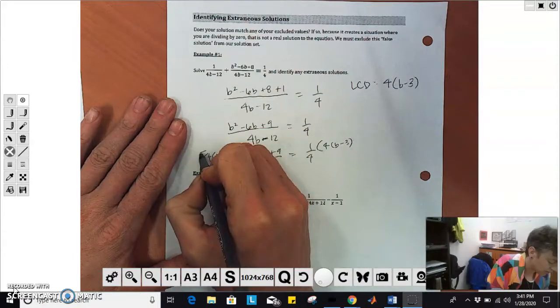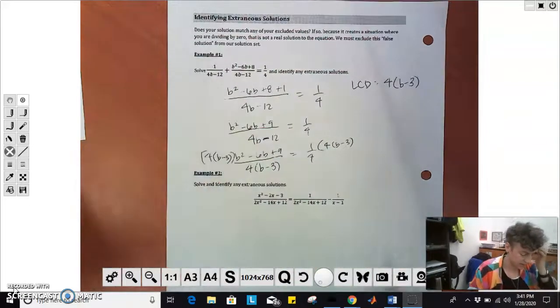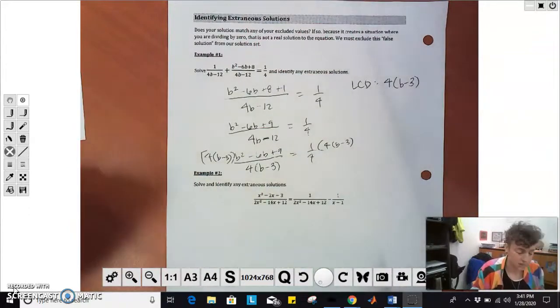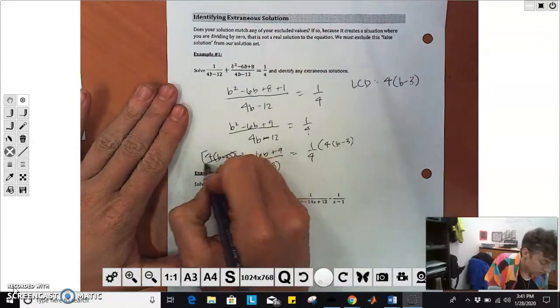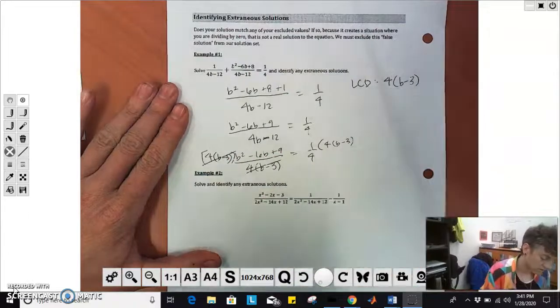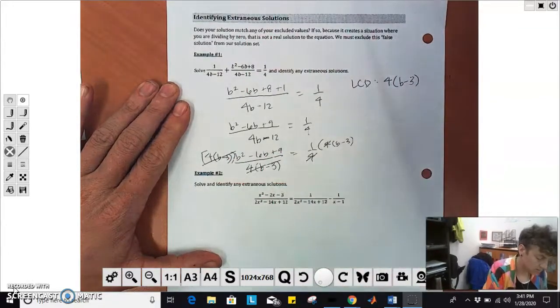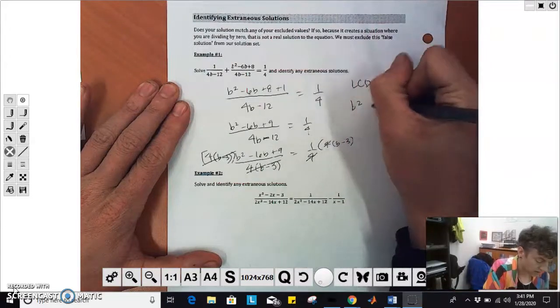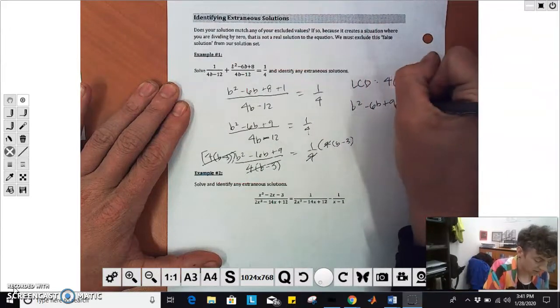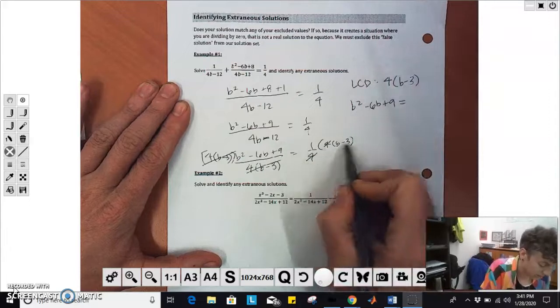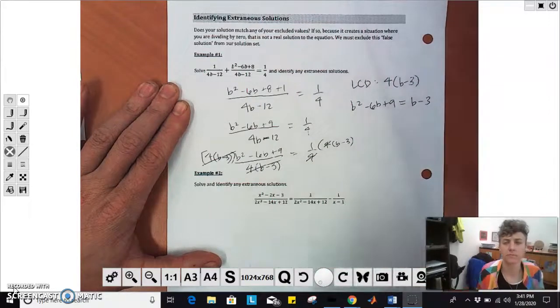Right, we're multiplying everybody by that, which is nice here because then that cancels out. And this 4 will cancel out. So we have b squared minus 6b plus 9 equals 1 times b minus 3, b minus 3.